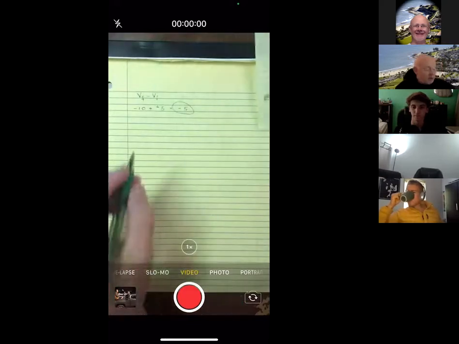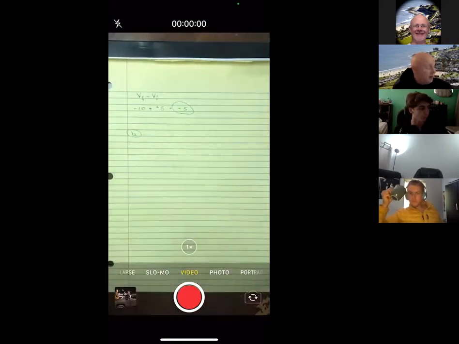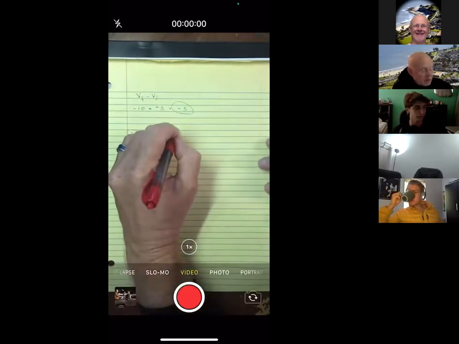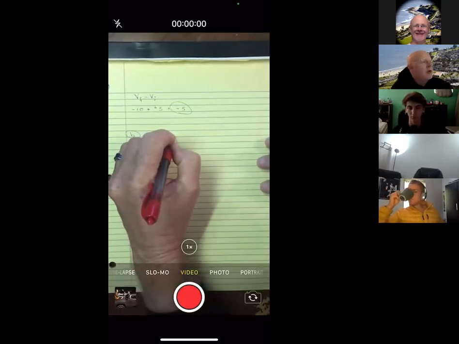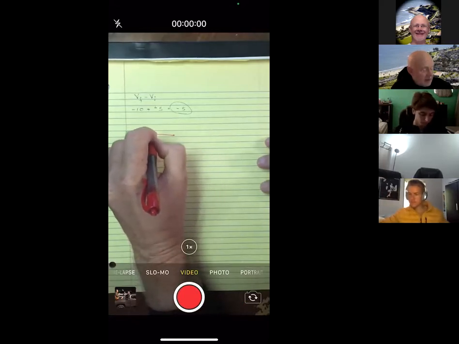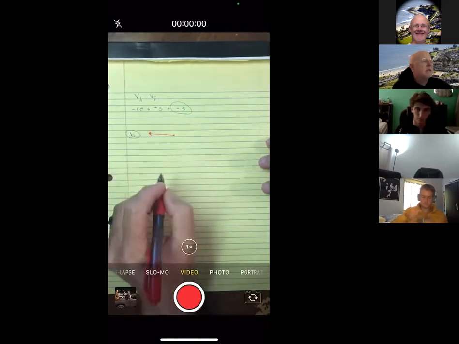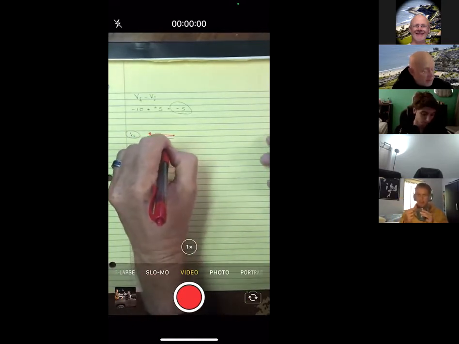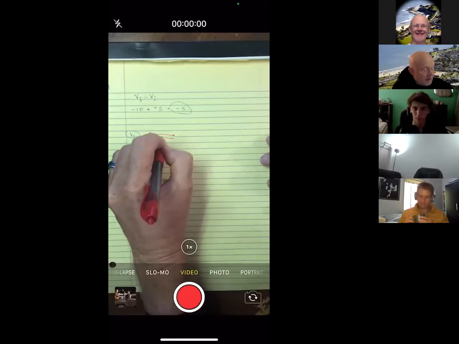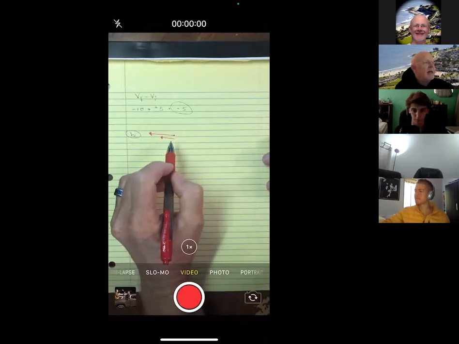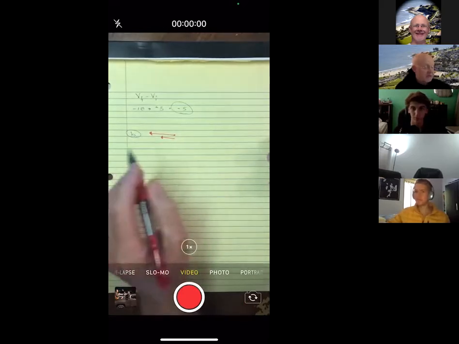Now, let me go to part B, because again, I think we have the same story, where if I were to draw the first one, it would be 10 west, and the initial, I'm sorry, that is the initial. The initial is 10 west, and the final is 5 west.